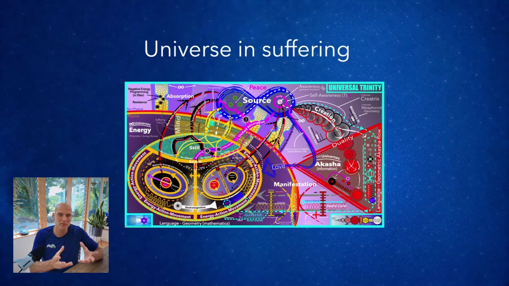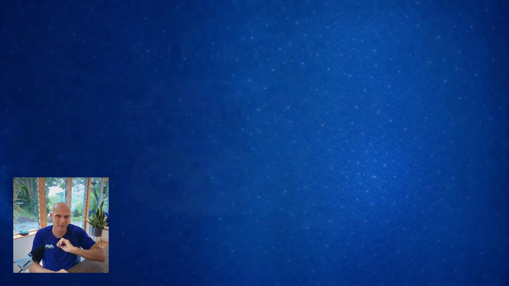There's one which represents a universe in suffering, which is this one. And if you look closely at this diagram, there's positive and negative energy, and there is suffering inside it. There's also a unification process, the pink bit in there. The unification process leads to this diagram.